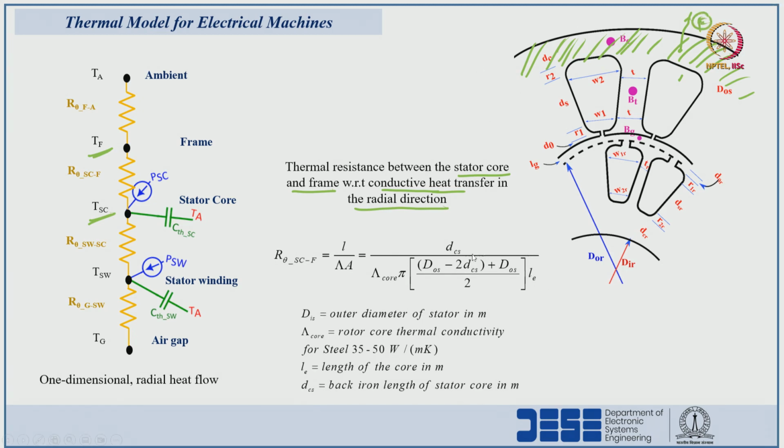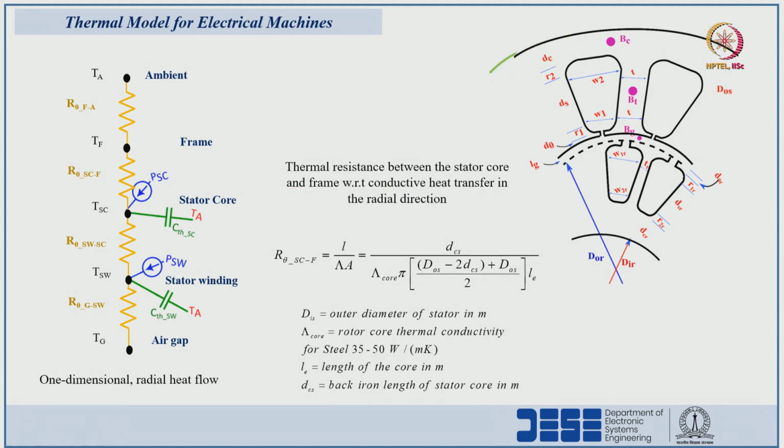The resistance offered by the stator core is nothing but the thickness of the stator core, that is DCS, divided by the thermal conductivity of the stator core into pi into the perimeter with respect to the x axis, pi into the mean diameter of the core.